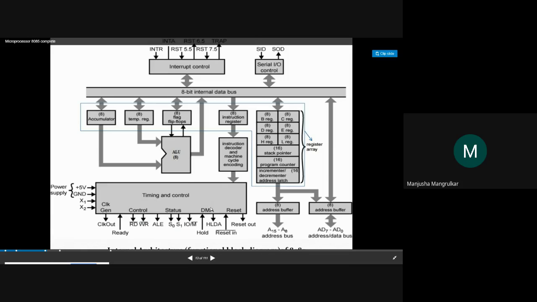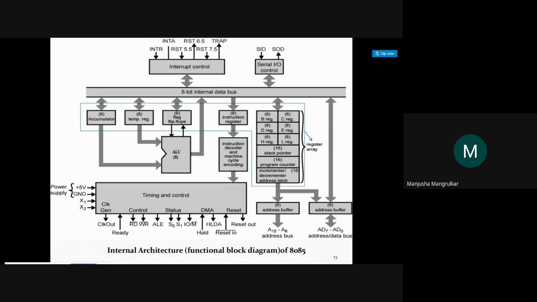DMA, direct memory access, as we have seen, has two pins: hold and hold acknowledgement. There is a single data and address line, and DMA performs the transfer of memory data to the input-output devices without involving the microprocessor. So the DMA has to take control of the data and address lines.